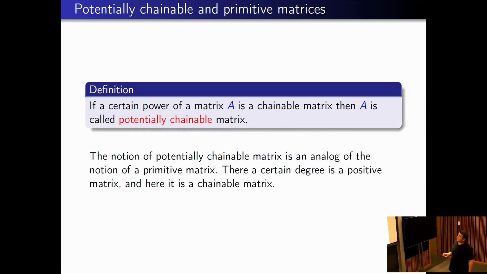If a certain power of my matrix is chainable, then I will call my matrix potentially chainable. So in a way, it replaces primitivity. It's a generalization of primitivity, where I deal with a positive matrix finally. Here I am dealing with a chainable matrix. So it is positive up to the rook I have on the chessboard.